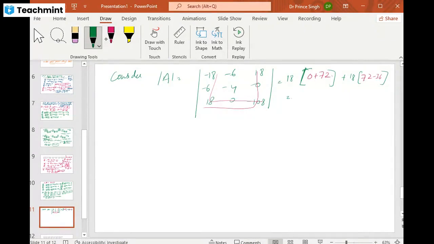So 18 times 36 is 648, and the other term is 1296.